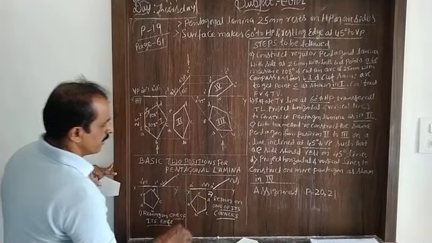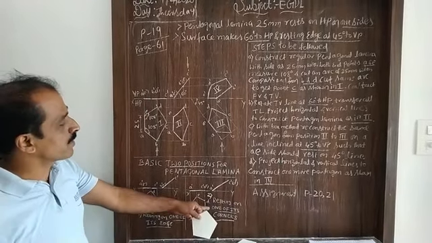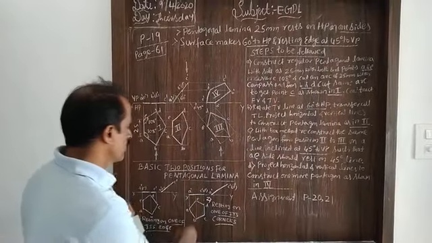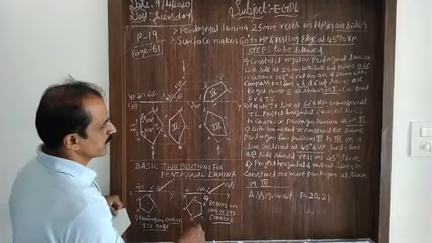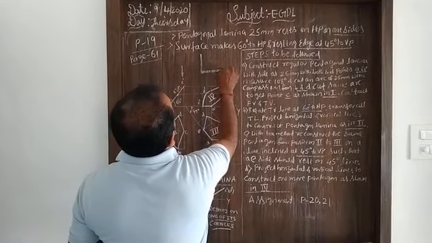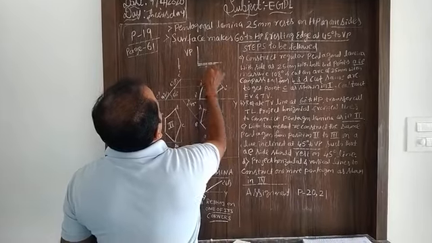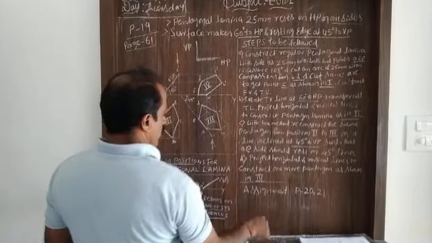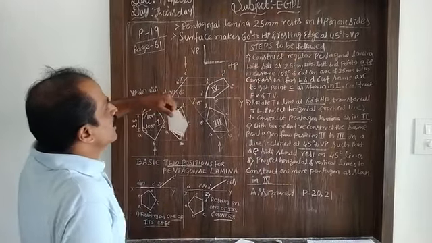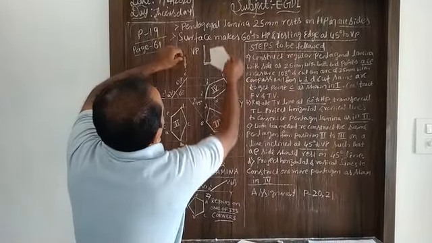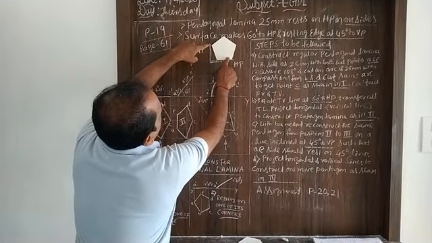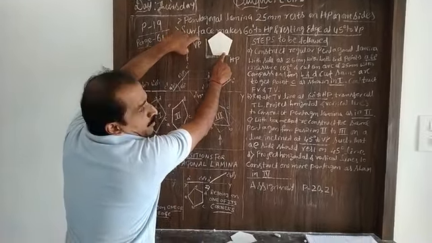And if it is given on one of its corners instead of sides or edge, if it is a corner condition, this you need to follow. For example, this is VP and this is HP. Now it is given that it is resting on one of its sides on HP. If you say sides on HP, automatically this corner touches VP.